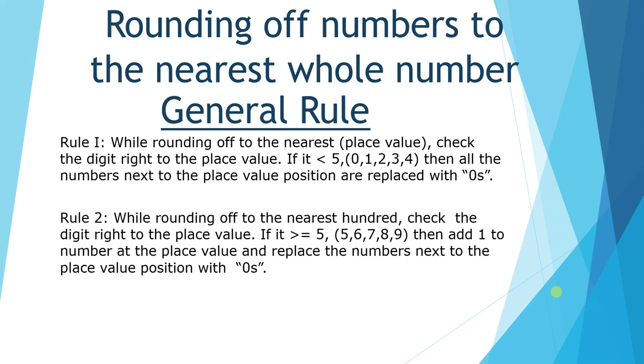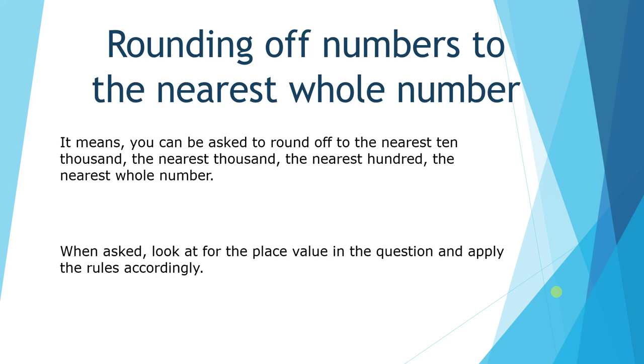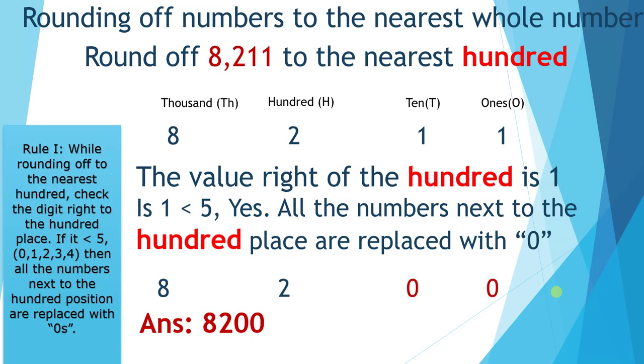If it's less than 5, that is 0, 1, 2, 3, or 4, replace all the others next to it with zeros. And if it's greater than or equal to 5, add 1 to the digit at the place value and then replace the others with zeros. So you apply the rules accordingly.